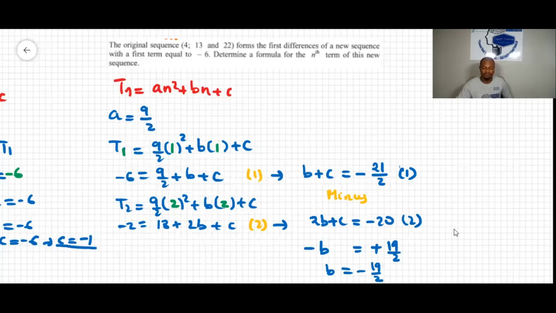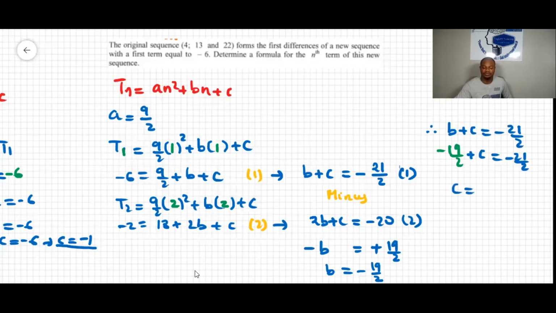So we got b. Once we have b, we can find c by subbing in this value of b in either equation 1 or equation 2, it doesn't matter. I prefer to sub in equation 1. So b plus c equal to -21/2 becomes -19/2 plus c equal to -21/2.